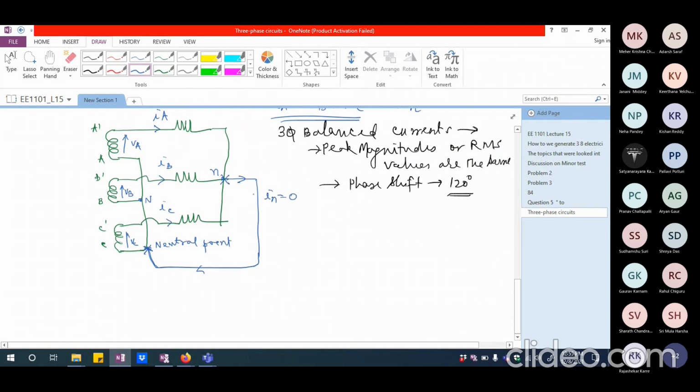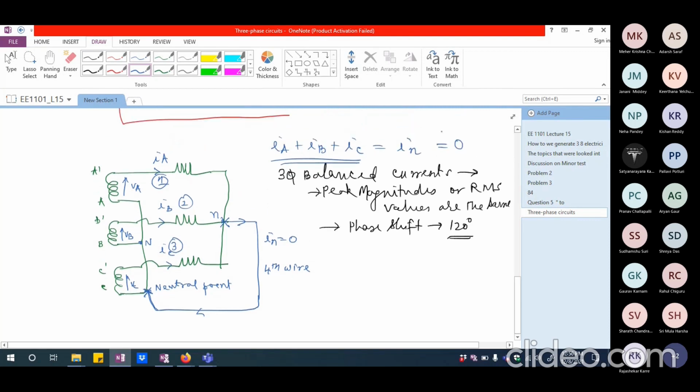The current is 0, that indicates that these two potentials are exactly one and the same. So that is the reason why I can have star connection also possible with the fourth wire. I call this the fourth wire. So I can have one wire, this is the second wire, and this is the third wire. So I can have a three-phase, three-wire star connected system or a three-phase, four-wire star connected system.